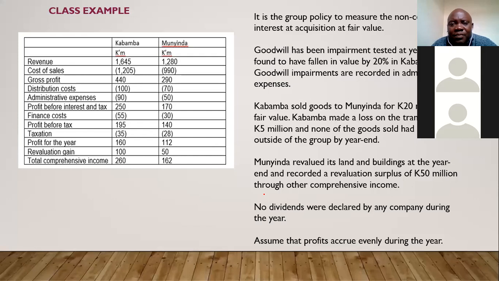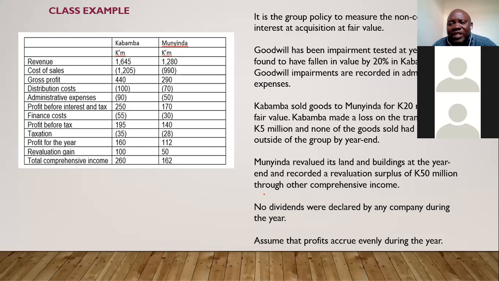Then we're told, it is group policy to measure the non-controlling interest at acquisition at fair value. Goodwill has been impairment tested at year end and found to have fallen in value by 20% in Karamba.